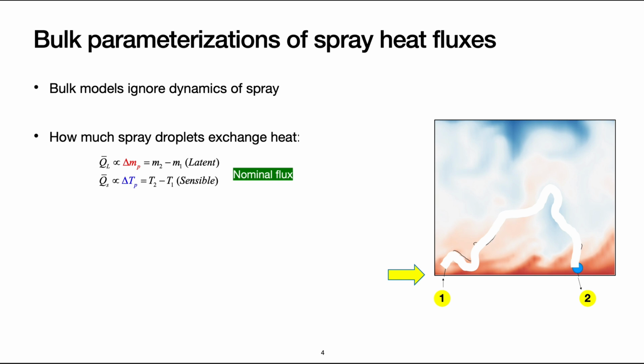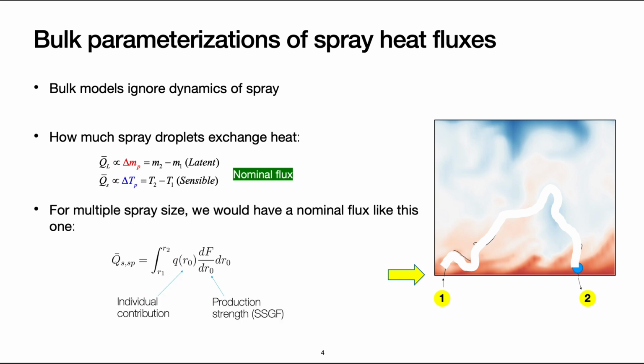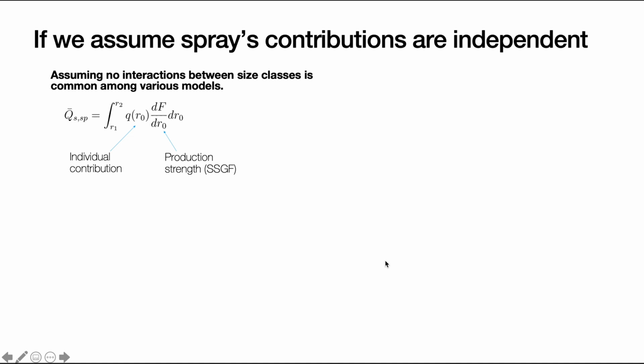And then you have the strength of the production rate, which people call the SSGF, sea spray generation function. You have the different size classes, so you make the summation, and in a continuous space, you make the integral. So the question is, if we use this formula, we have already assumed no interactions between size classes.